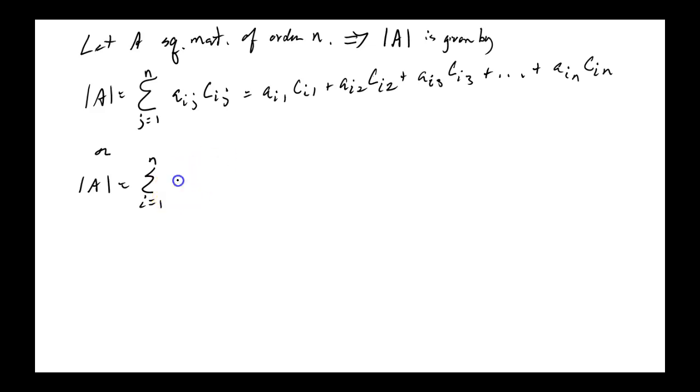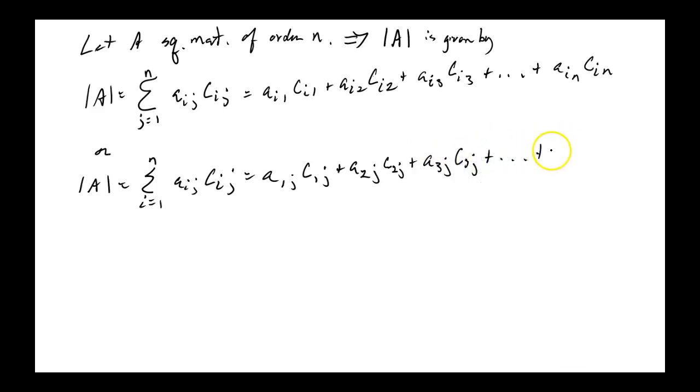So that's going to be Aij, Cij, which is A1j, C1j, plus A2j, C2j, plus A3j, C3j, plus dot, dot, dot, plus all the way up to Anj, Cnj.